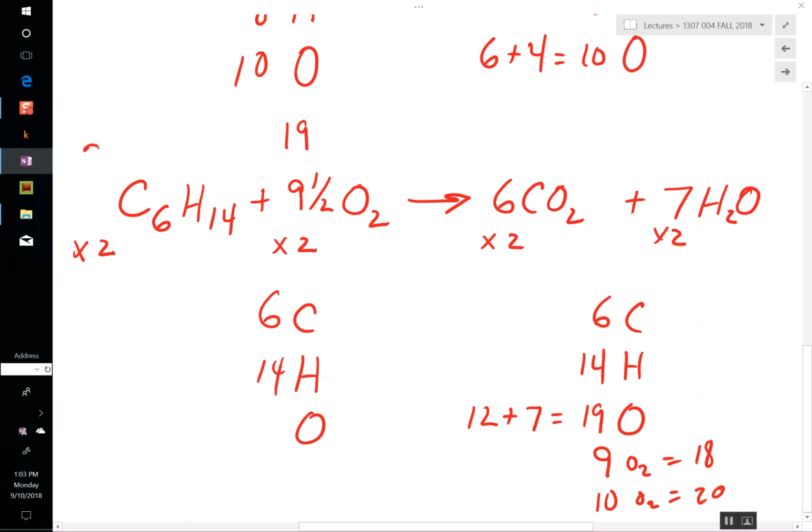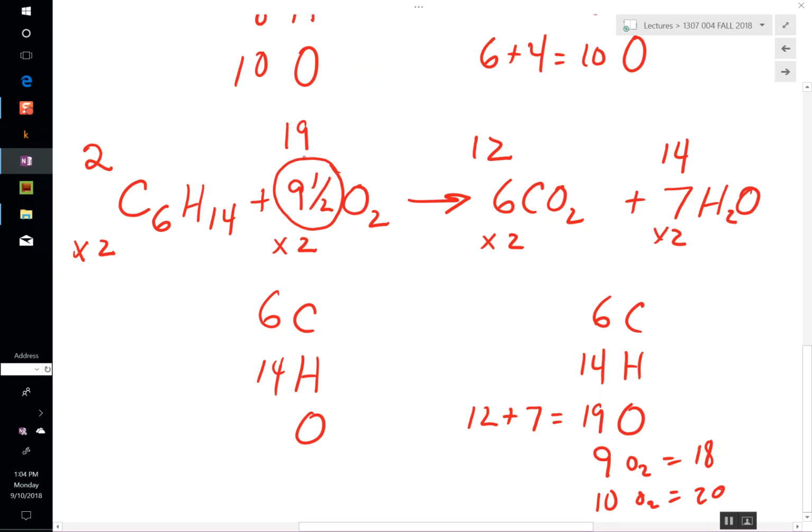That makes this coefficient 2, this coefficient 12, and this coefficient 14. So that's the approach if you ever end up with a fractional coefficient.